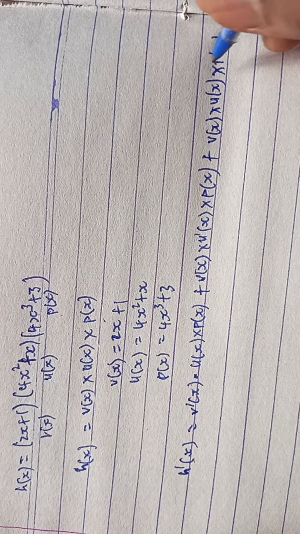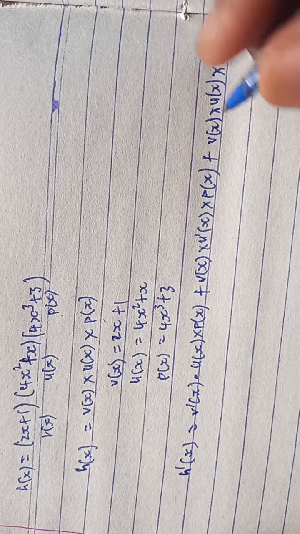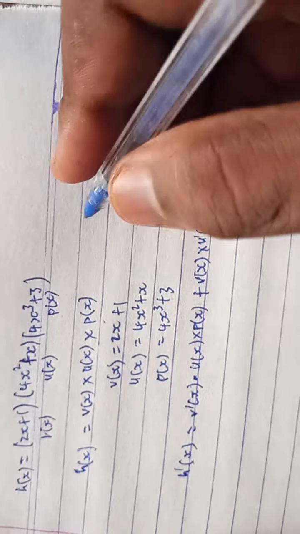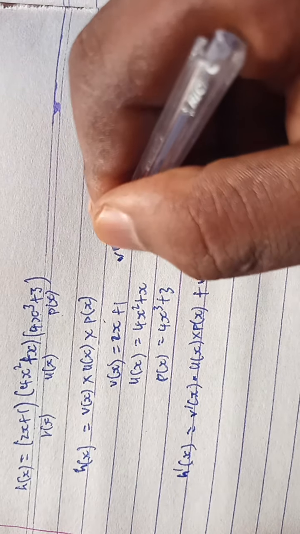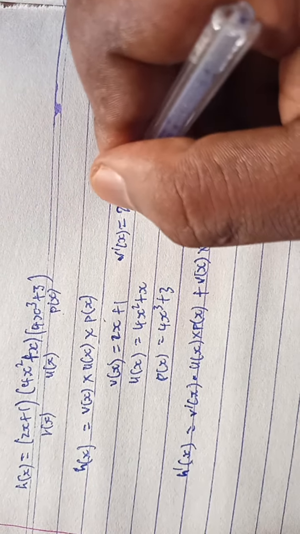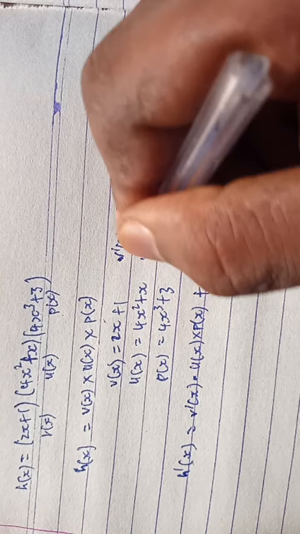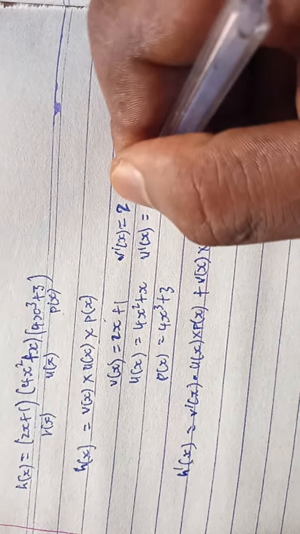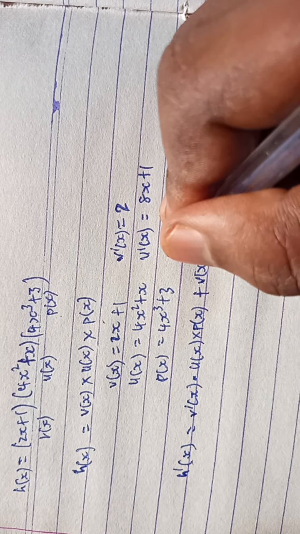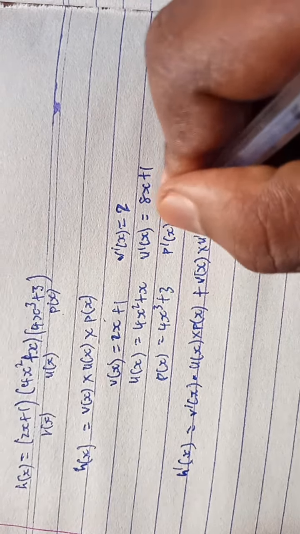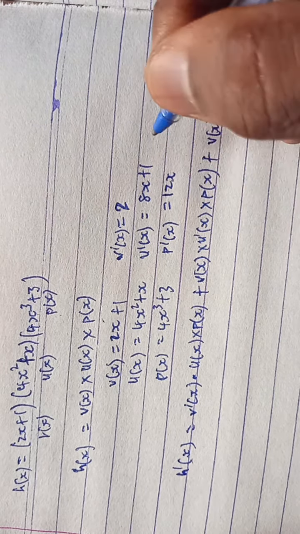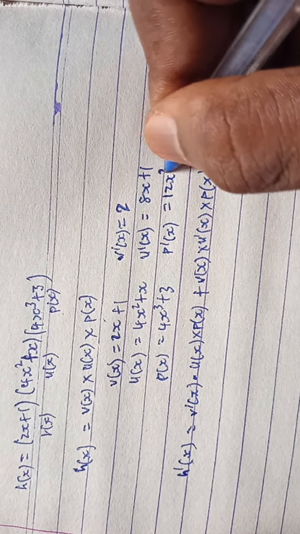So meaning we are going to find the differential of these three functions. So we have v prime of x, using our differential notation knowledge, to be 2, and then u prime of x will be equal to 8x plus 1, and then again p prime of x will be equal to 12x squared.